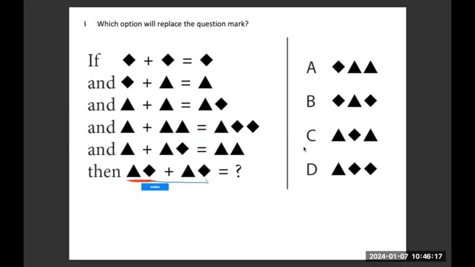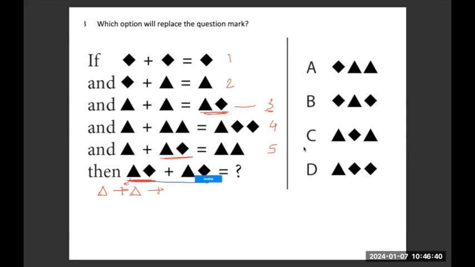Its relationship, one comes here and one comes here. I'll use both the equations. So 1, 2, 3, 4 and 5. Okay, I'll just name the equations. From equation 3, I will replace this combination here. Triangle plus triangle will come here from equation 3.